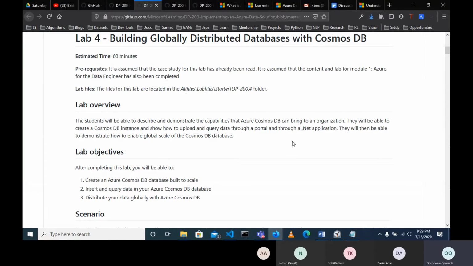So that's one of the advantages it can bring for an organization. It is globally distributed, and it has many different kinds of storage that are supported, as we just saw with their APIs.